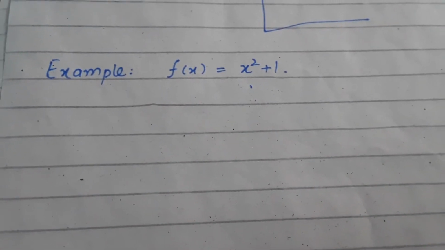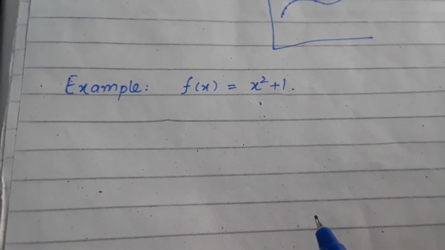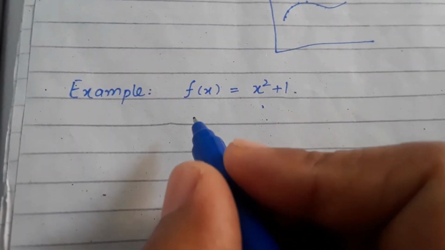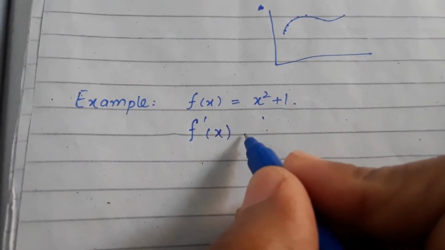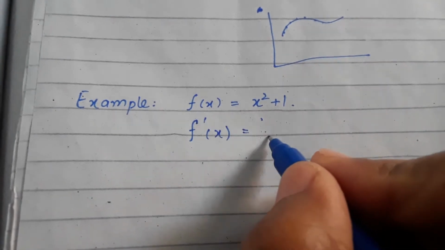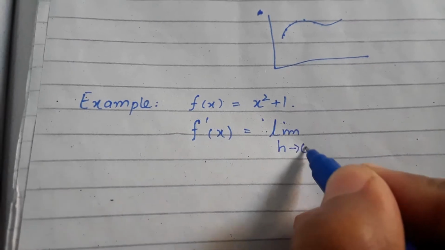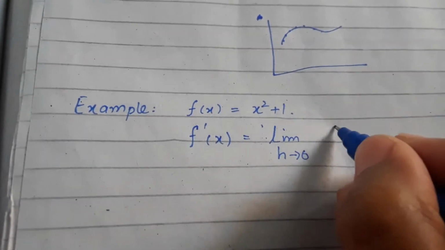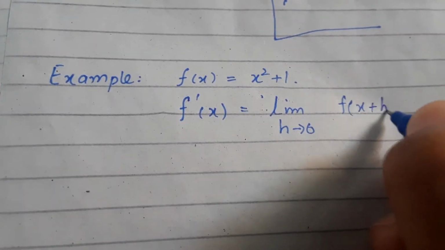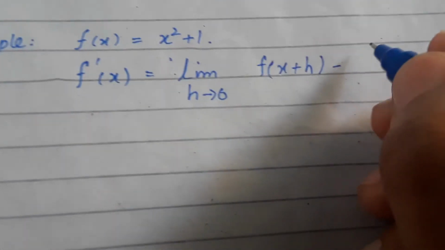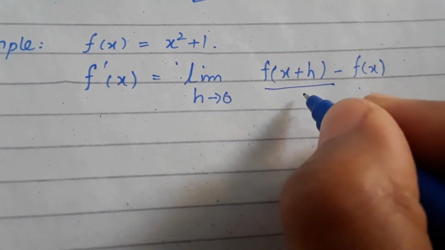Now let's do an example on this. We have function f of x equals x squared plus 1, and I have to find its derivative using the formula. So the formula is limit h tends to 0 f of x plus h minus f of x divided by h.